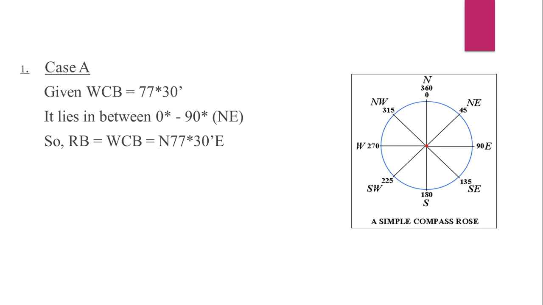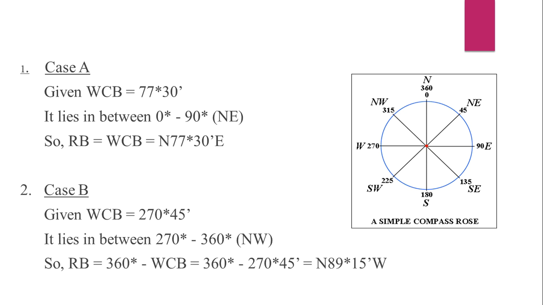Case A. Given whole circle bearing is 77 degree 30 minutes. Since it lies between 0 to 90 degrees, the reduced bearing is the same as the whole circle bearing, which is north 77 degree 30 minutes east. Case B. Given the whole circle bearing is 270 degree 45 minutes.